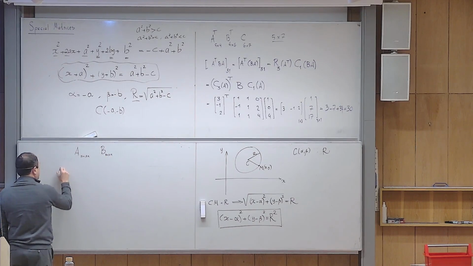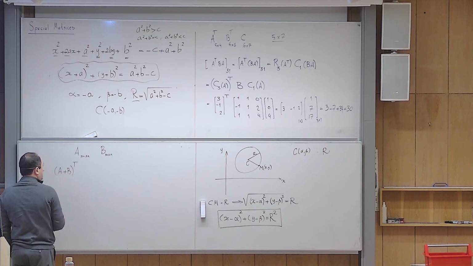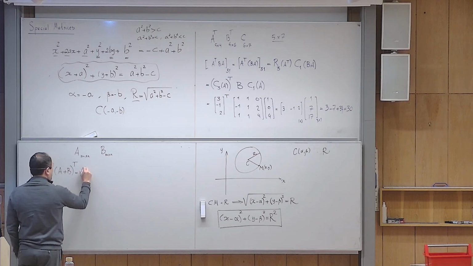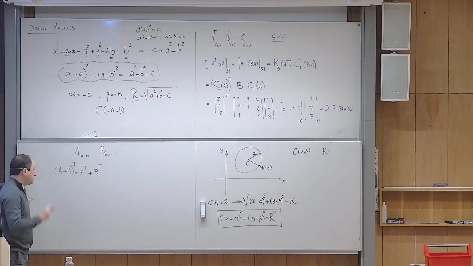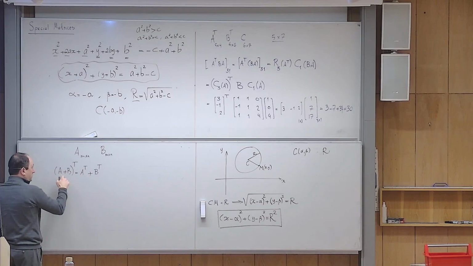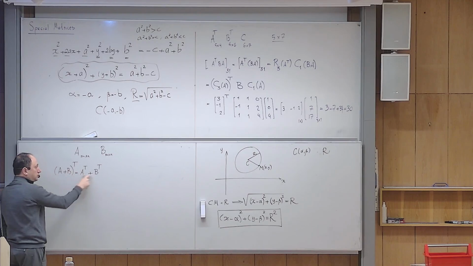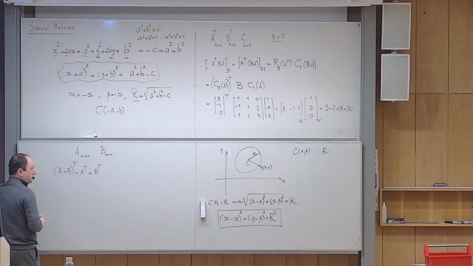Then I want to prove that (A plus B) transpose is equal to A transpose plus B transpose. This is my goal. So how should I prove that? If I want to prove that a matrix is equal to another matrix, I have to confirm that every entry of the left side matrix is equal to the corresponding entry of the right side matrix.